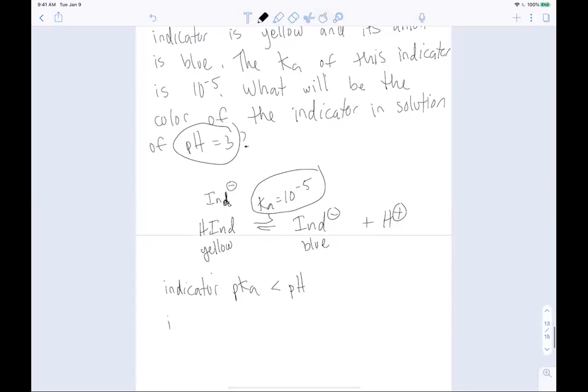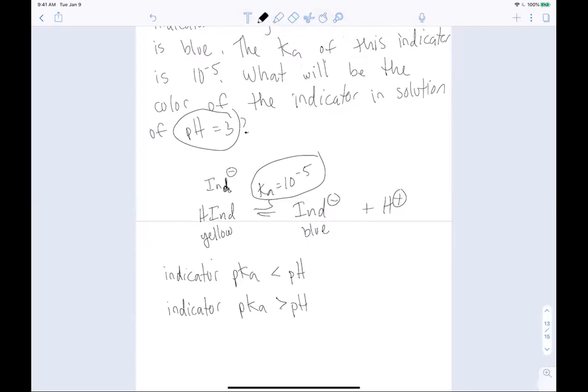We could look at the other situation where the indicator pK is greater than the pH. So if the indicator pK is less than the pH, that means that... my dog's barking in the background, it's just enough to stop my brain from thinking properly.